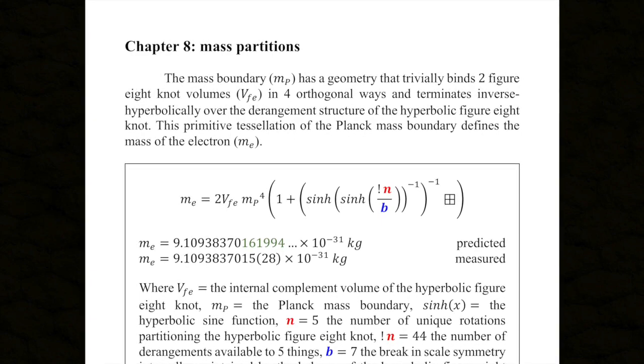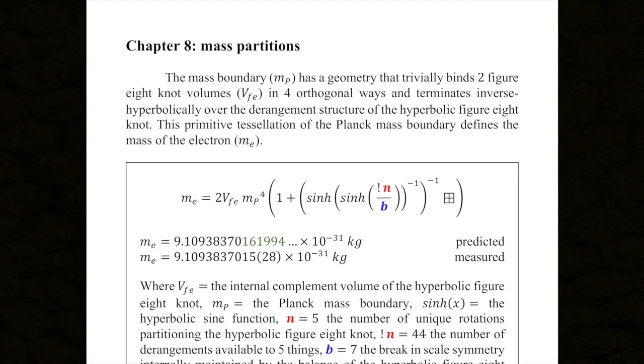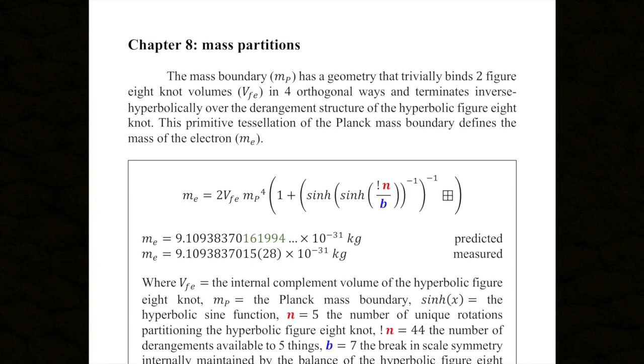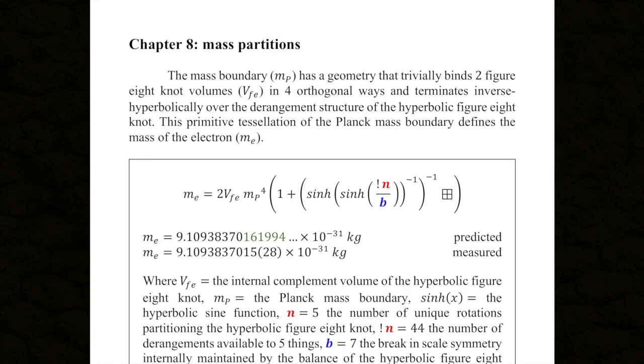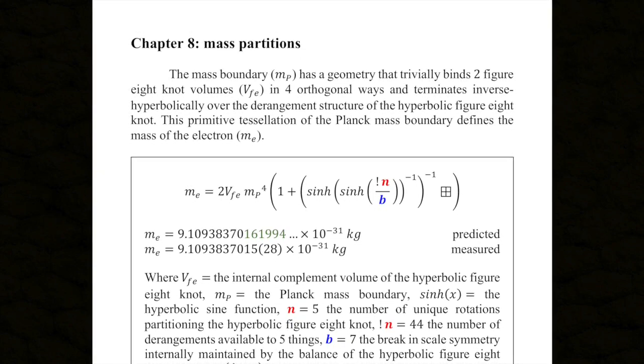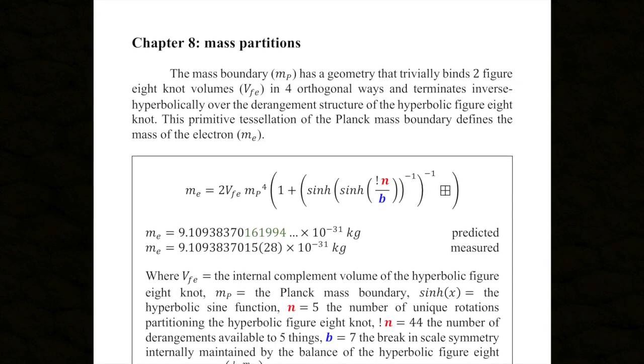And that alone, if we didn't even mention anything else, that alone selects the mass of the electron to the first, roughly 7 significant digits, or plus or minus whatever the value of inverse hyperbolic sine of inverse hyperbolic sine of 44 over 7 is.